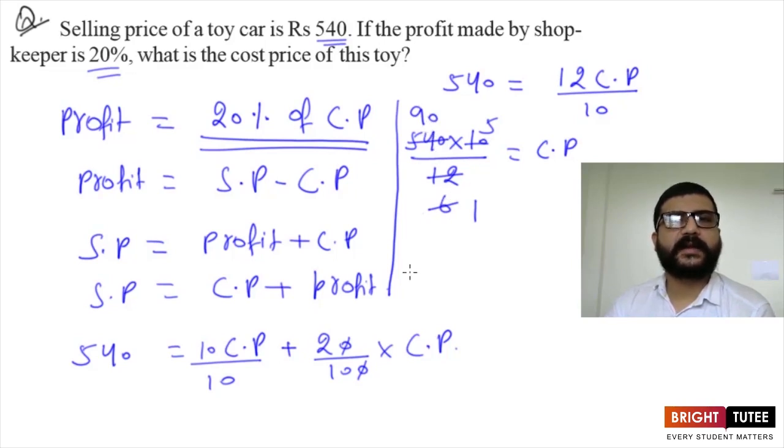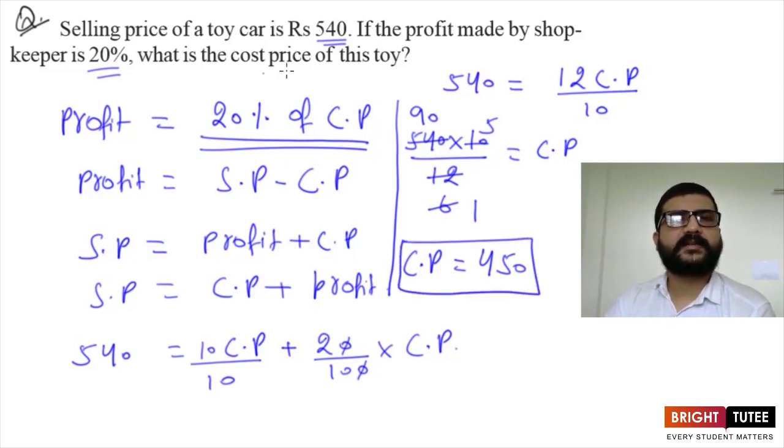Now 90 into 5, this will be 450. So therefore CP is 450. Hence we can say that buying price or the cost price of this toy is rupees 450. So this is how we can find the cost price.